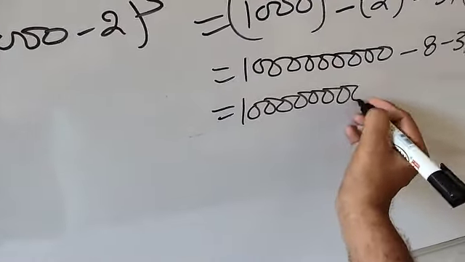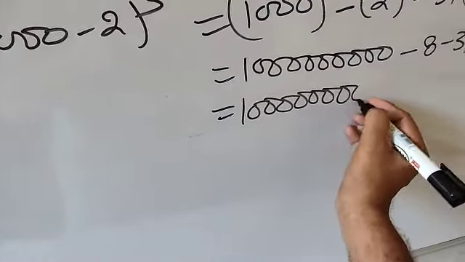Minus 8, and minus 3 into 2 minus 6, minus 6 into, that will be 1 lakhs. So you need to multiply, so you will get minus 60 lakhs it will be, and there will be after 6 you will get how many zeros? 6 0. So 3 into 2 into 10 lakhs equal to 60 lakh.